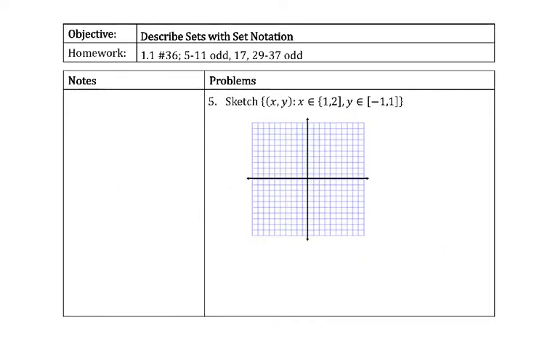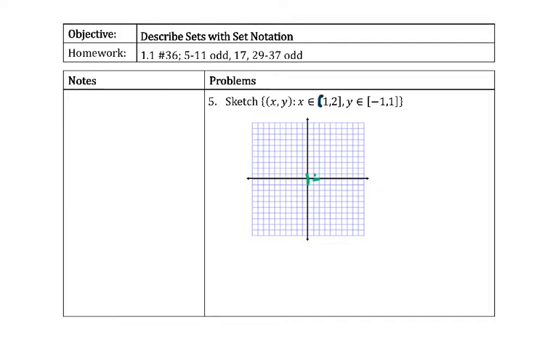The last really common type of set that we haven't talked about yet is on the coordinate plane. As I said, sets can be variables, numbers, ordered pairs. This is very common. I'm going to do a little edit here, make sure that that's going to be just a bracket using interval notation. So this is saying sketch all the coordinate points where x is in between 1 and 2, and y is between -1 and +1 on the y-axis.